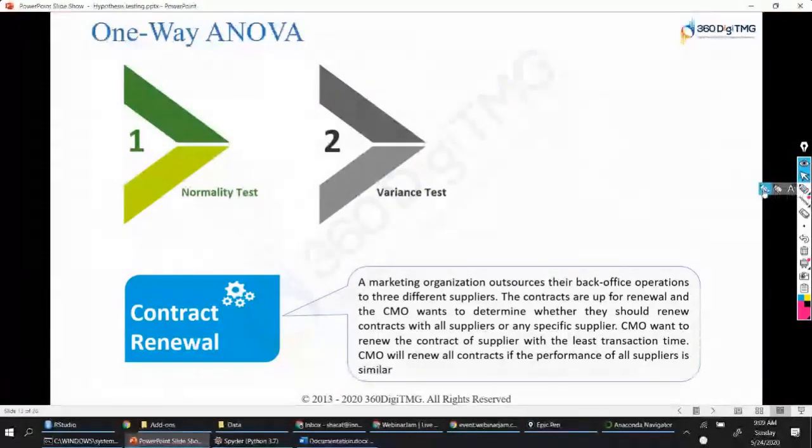So we have 3 suppliers and need to see which supplier is working better. Least transaction time, they should complete the task in the least amount of time among the 3. And the CMO, Chief Marketing Officer, would renew the contracts only for those suppliers who have better performance, right?